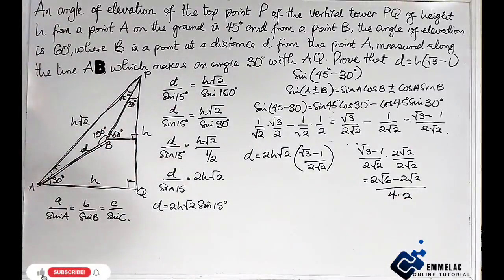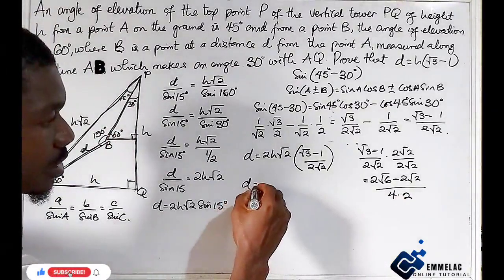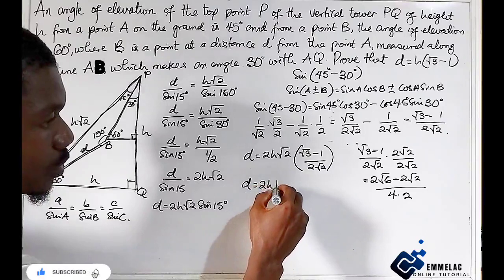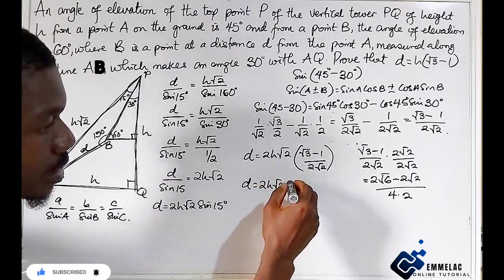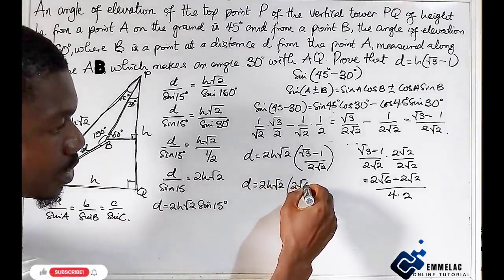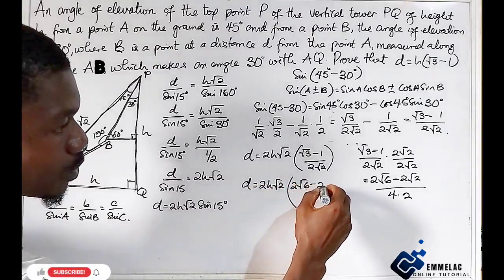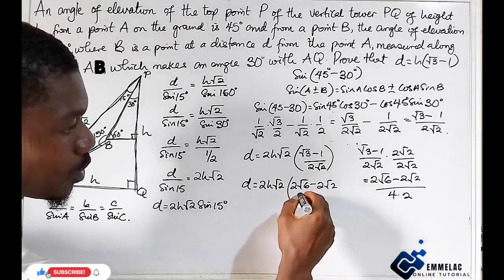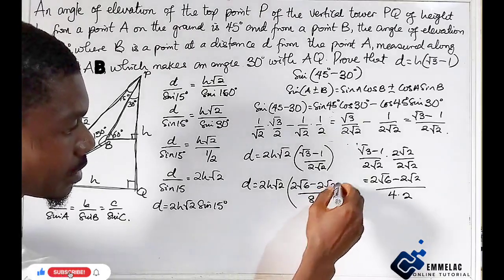After which D equals 2H root 2 times 2 root 6 minus 2 root 2 over 8.